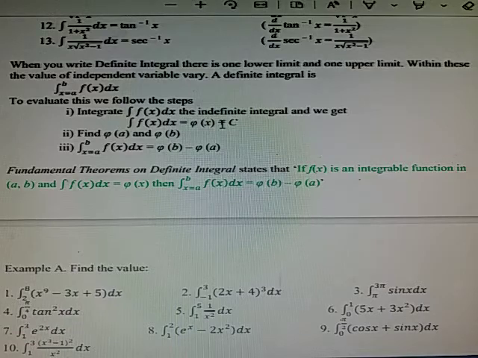So it is phi b plus c minus phi a minus c. So c and c will cancel out. There is no need for a constant here, because you have to subtract the lower limit from the upper limit, and that is why c is not necessary. The constant of integration is not necessary, only the functional value is necessary.